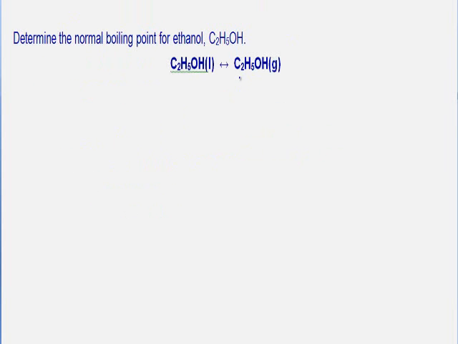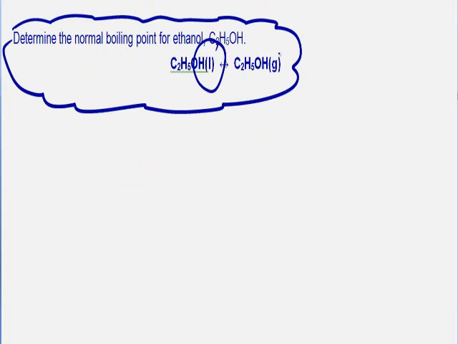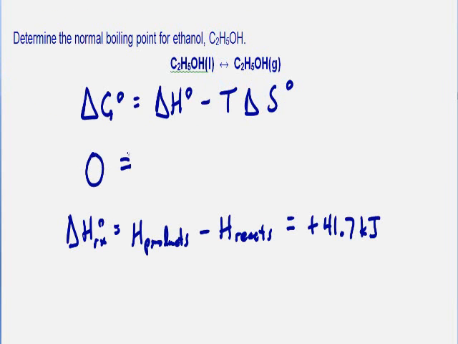This would be an example problem where we're going to determine the normal boiling point for our compound ethanol, C2H5OH. Boiling point would be the equilibrium phase change between the liquid and the gaseous phases. We'll set our delta G value equal to 0 because it's going to be at equilibrium for this phase change.